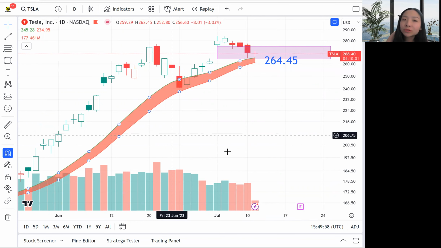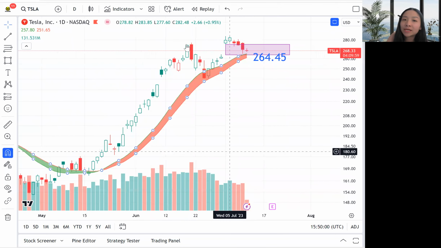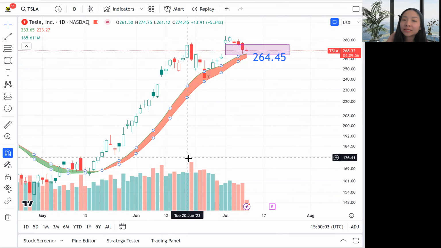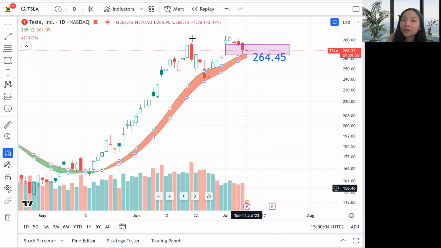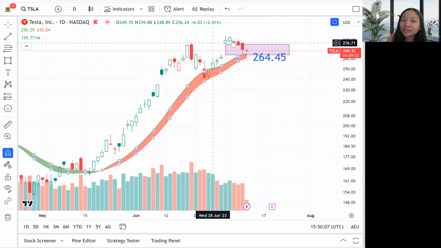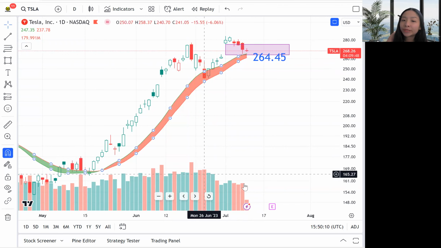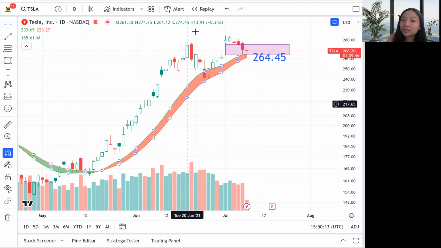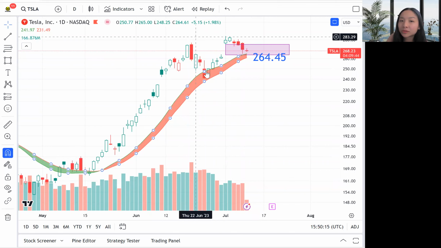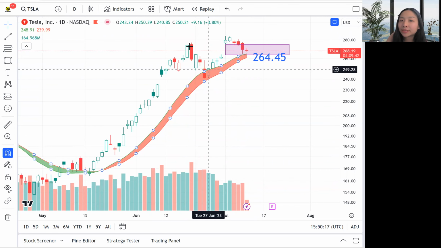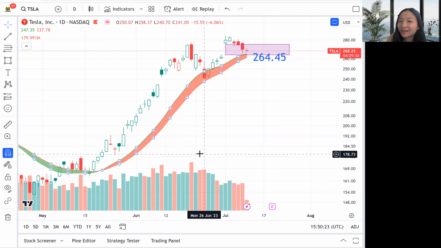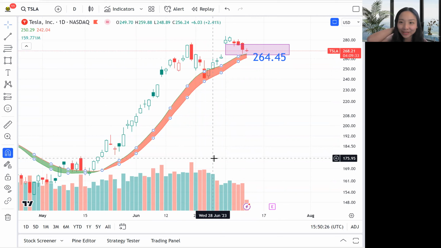I want to tell you one more thing: look at the volume. When the price is adjusting, the volume is going down. What does it mean? It means when the price goes down, there are not many people selling.